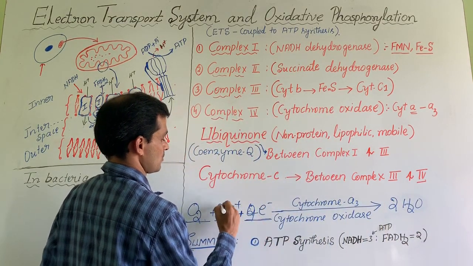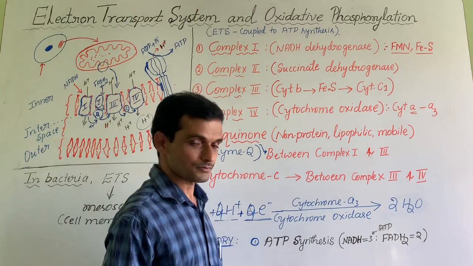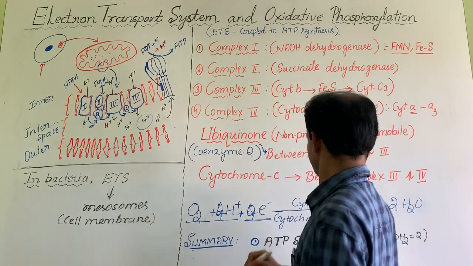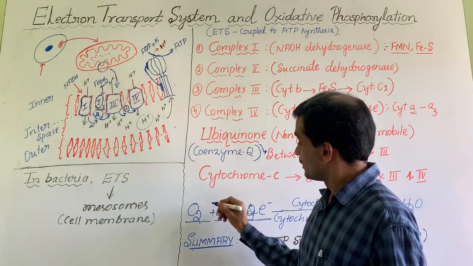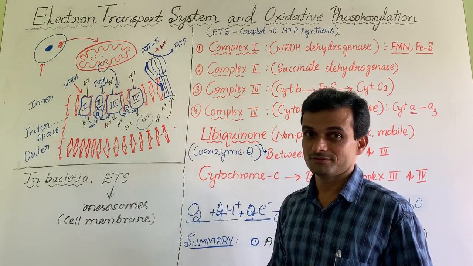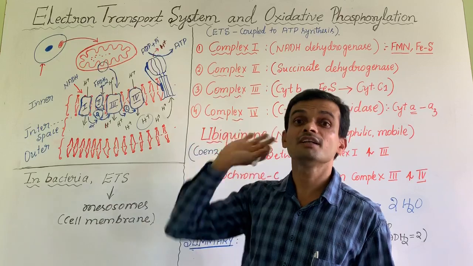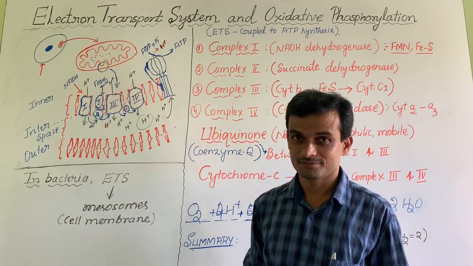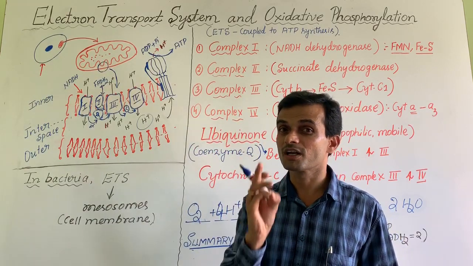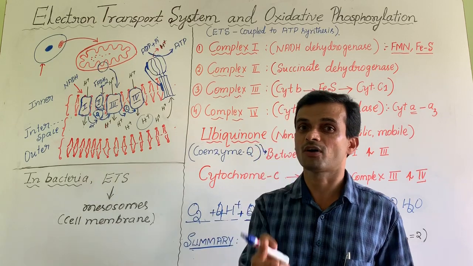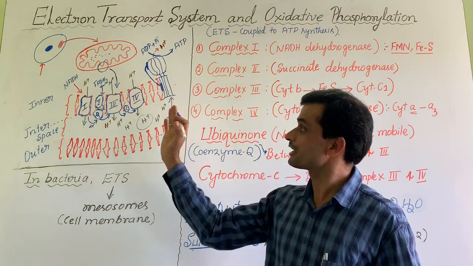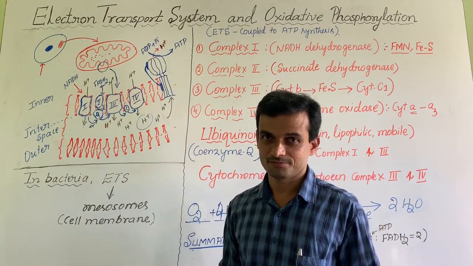It takes 4 protons to get metabolic water. In the absence of oxygen, mitochondria cannot run this ETS. Oxygen is one of the important requirements for aerobic respiration or mitochondrial respiration.